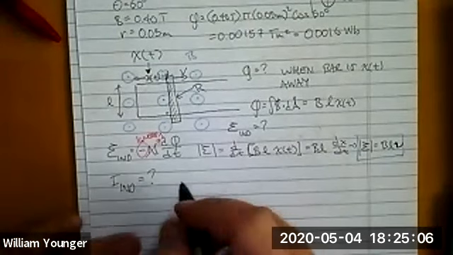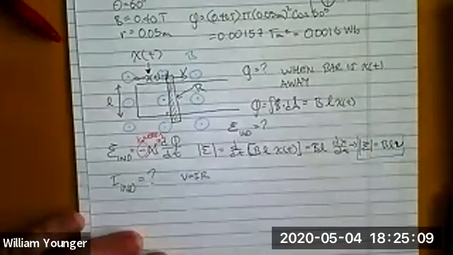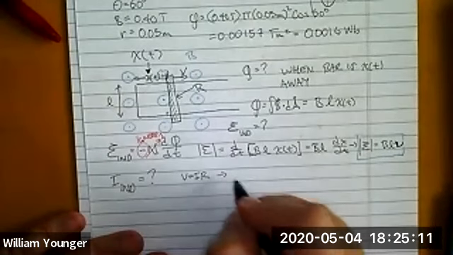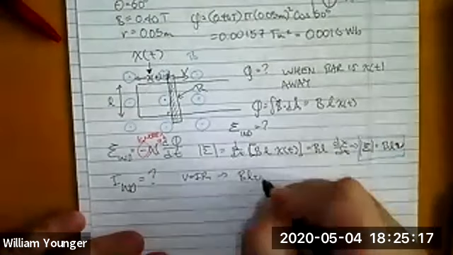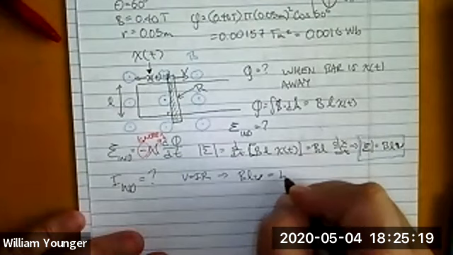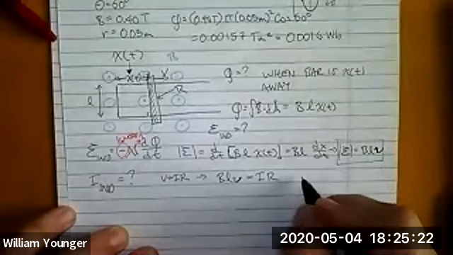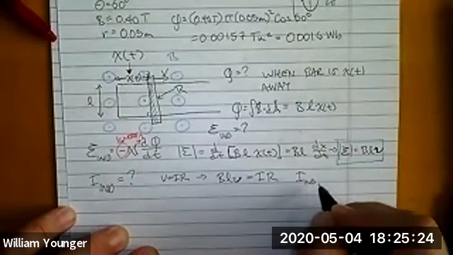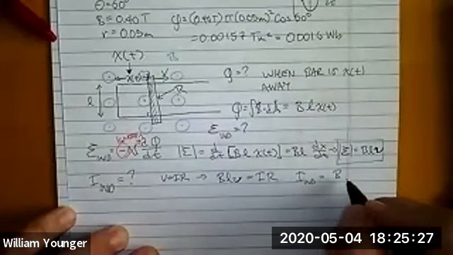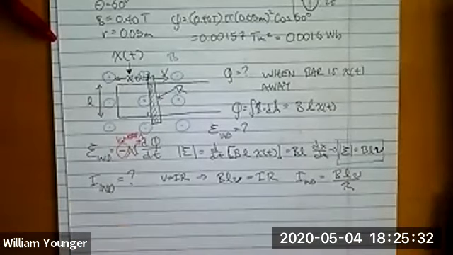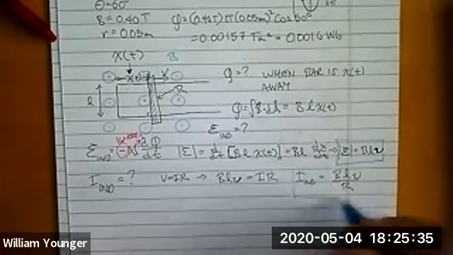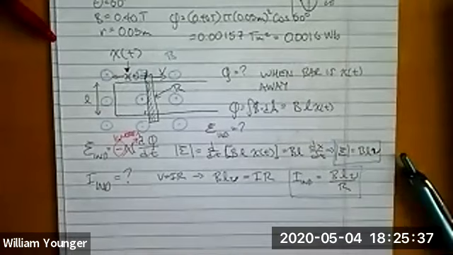So using V equals IR from Ohm's law, we can say, well, E, which is equal to BLv, is actually equal to I times R. So now I can say I induced is equal to BLv over R. So now I have a new result too. So now I know what the actual current induced is. Does that make sense?